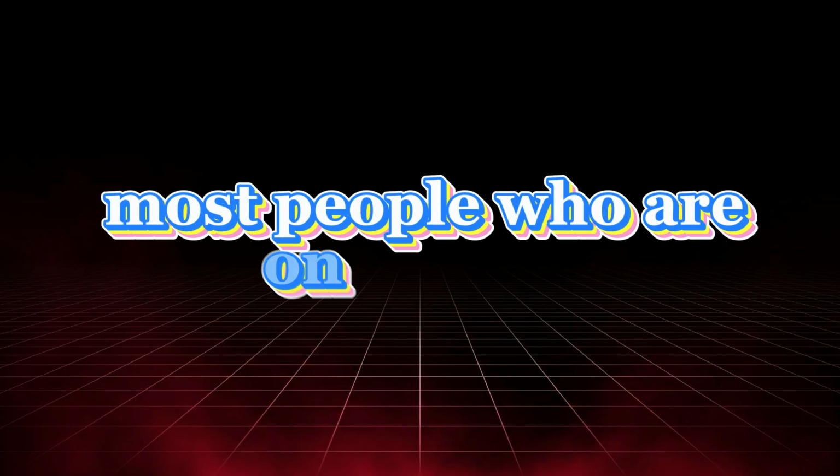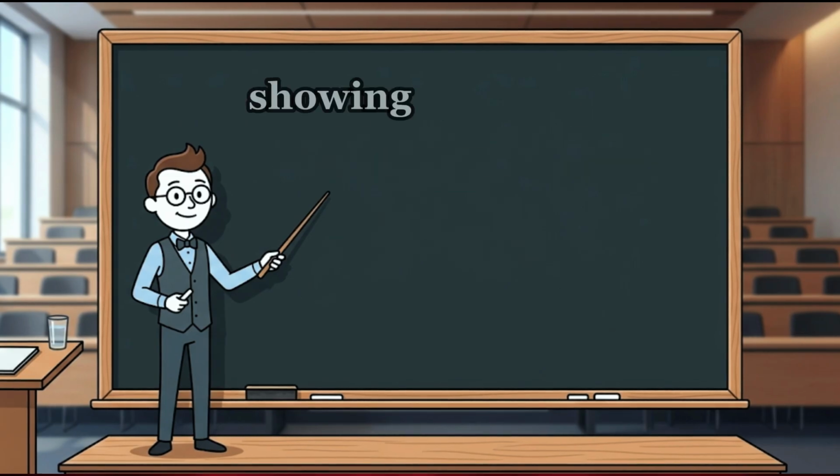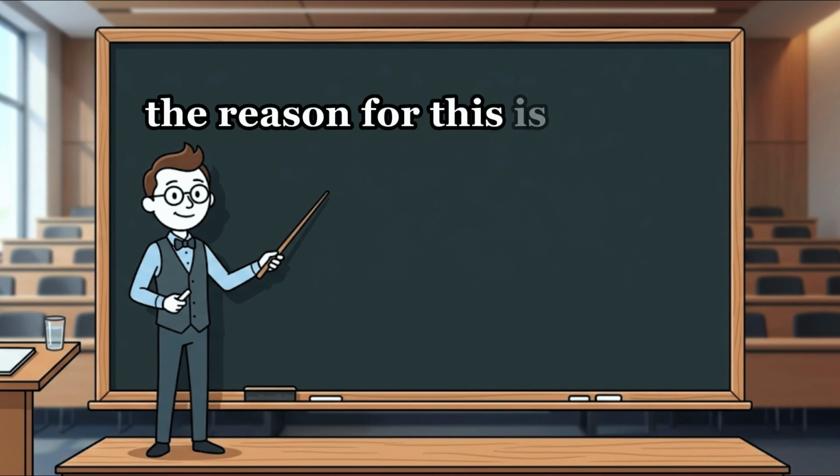Most people who are onboarded complete the test within a short time frame and present results showing a high level of accuracy and domain expertise. The reason for this is simple.